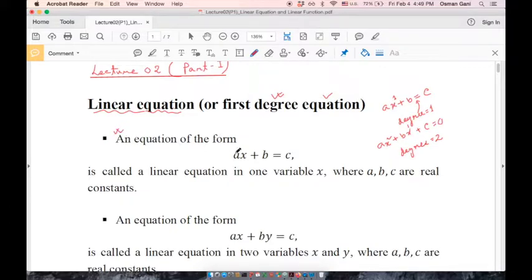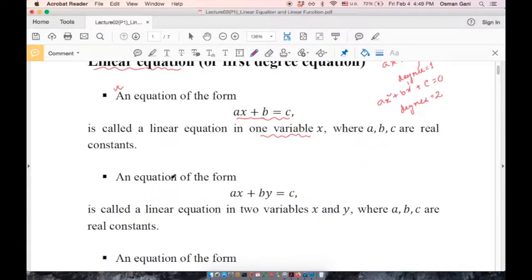An equation of the form ax plus b equal to c is a linear equation in one variable x, because here x is a variable and a, b, c are real constants. And again, an equation of the form ax plus by equal to c is also a linear equation or first degree equation.